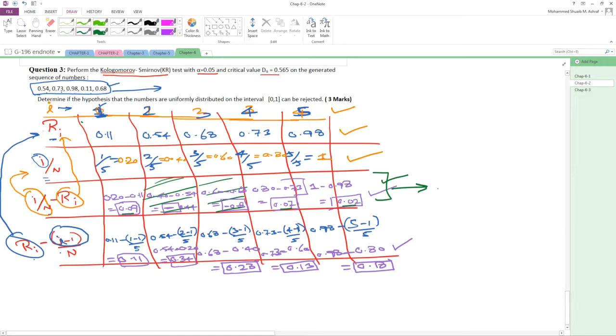What is the maximum value? Yes, the maximum value is 0.09. Okay, and here what is the maximum value? What is the maximum value here?